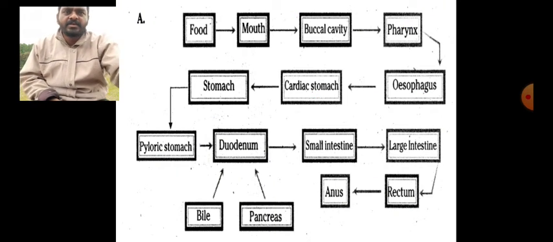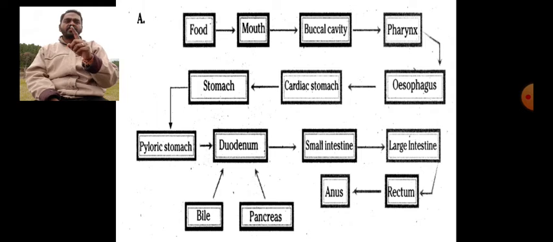Now further, this is a simple flow chart of how the food goes from mouth to buccal cavity to pharynx to esophagus to stomach. Stomach has 3 different portions, like cardiac, pyloric, and so on, that they have shown. And then it comes to the duodenum. Duodenum is a very important part where the stomach gets connected with the small intestine.